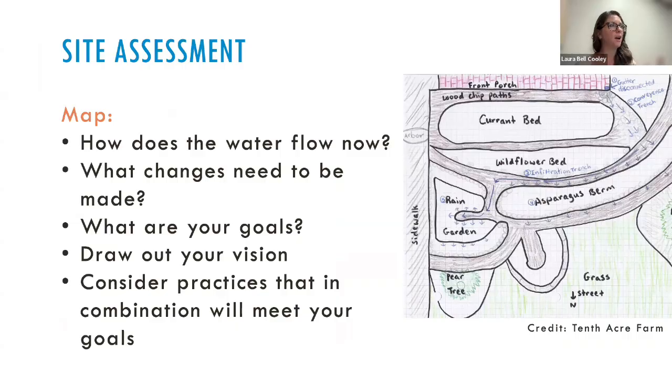So your map should show how does the water flow for now? What changes should we make? And it should reflect your goals. Are your goals to reroute stormwater into a rain garden or into a flower bed? Or is it to move it away from your foundation? Whatever it might be. So draw out your vision and then we're going to consider those practices that you could put in combination to meet those goals.